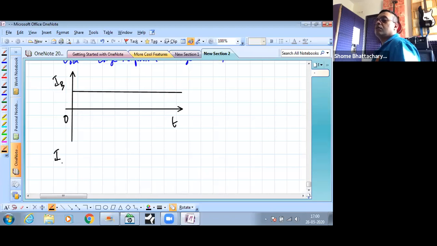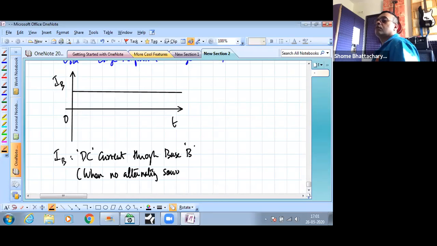So this is the DC current through the base B, when no alternating source or input voltage source was connected.